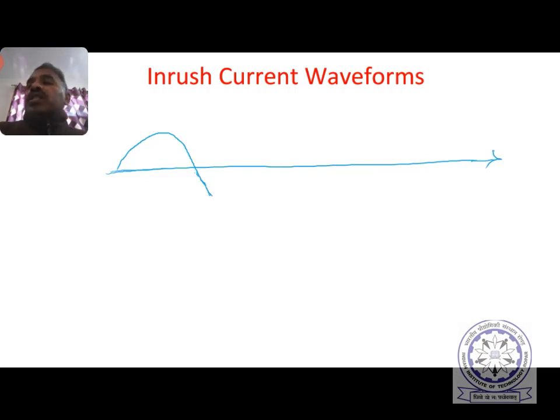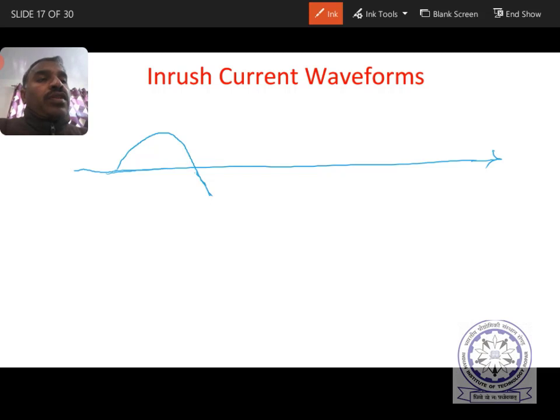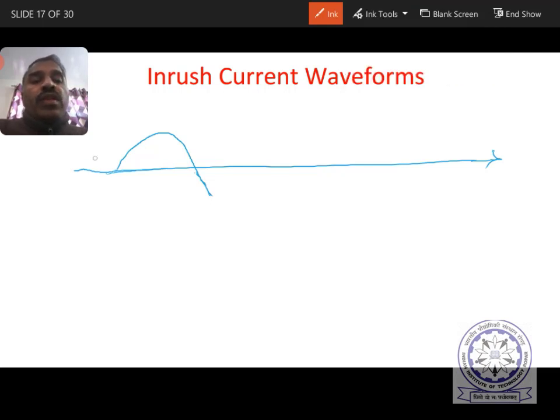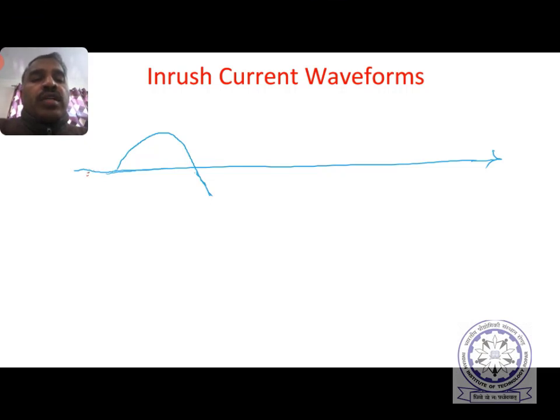Now suppose it is operating under a normal steady state. I will take red color, this one. Now the exciting current characteristic will be like this, and then it becomes 0. Then it becomes peaky again.